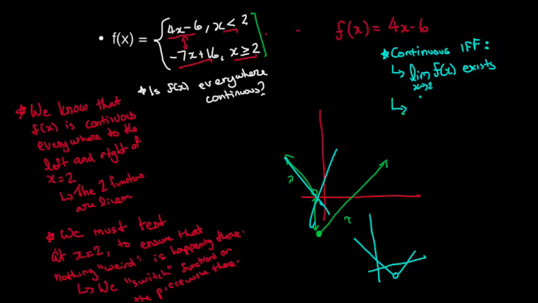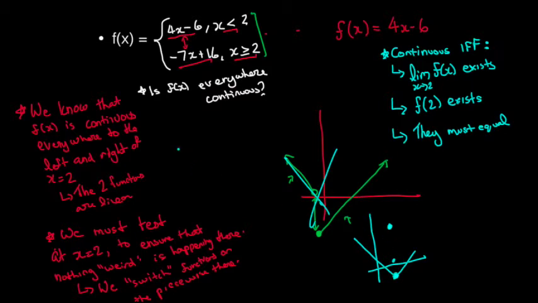Now the next thing, f of 2 must exist. Okay, that would make sure that we have some point here, that this is not just a hole. And lastly, they must equal. This will ensure that f of 2 is right there and fills the gap and is not somewhere up here. Okay, that's basically what that does.